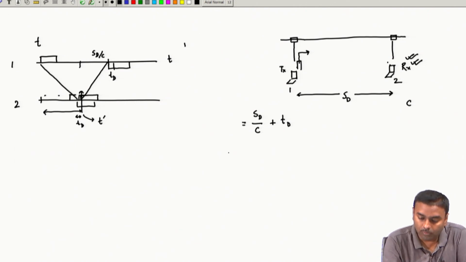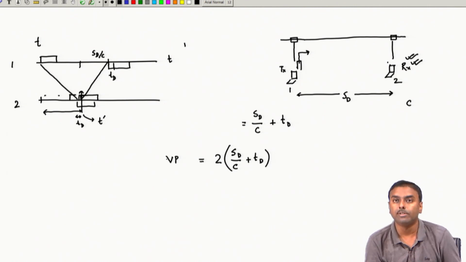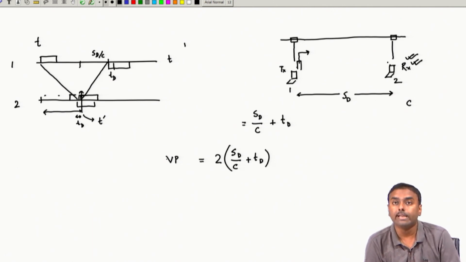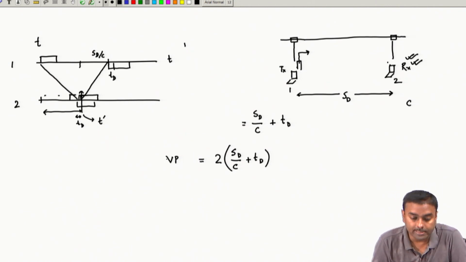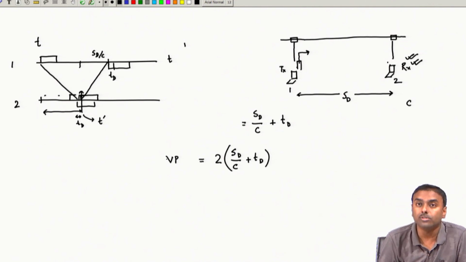So, that will be overall (SD by c plus TD) into 2, the overall vulnerability period. This is a very important parameter, as you will see later on. This is the amount of time required for detecting a collision. Now, if within this time my transmission is over, then I will not be able to detect the collision, as you can see.